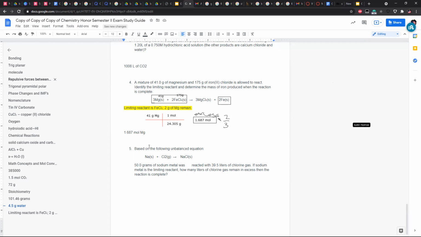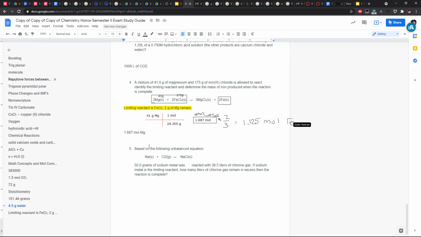So we're going to do 1.687 times 2/3. We get 1.125. And the units there are going to be moles of iron.